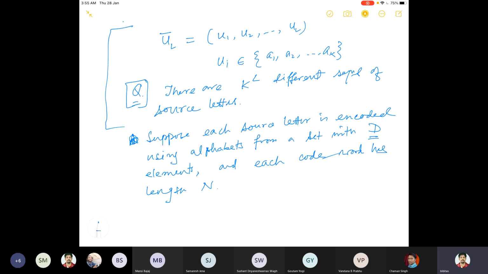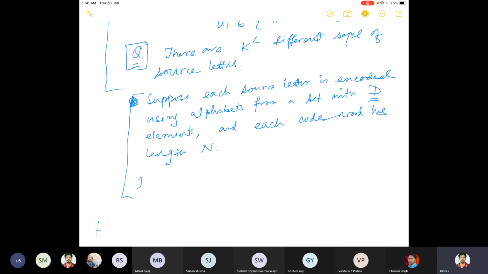My question is, how many code words can be generated using this setup, where each code word is of length n and its letters come from the set which has D elements?